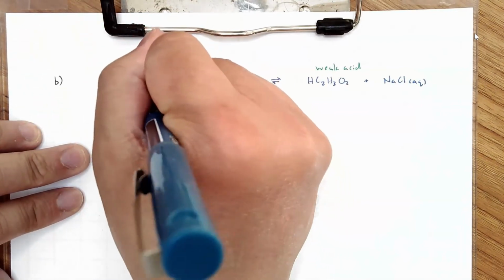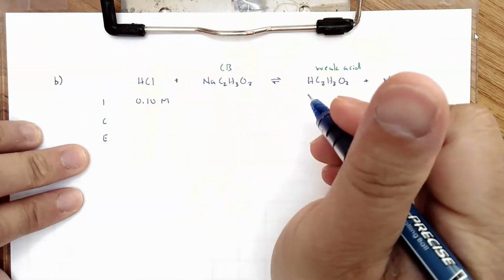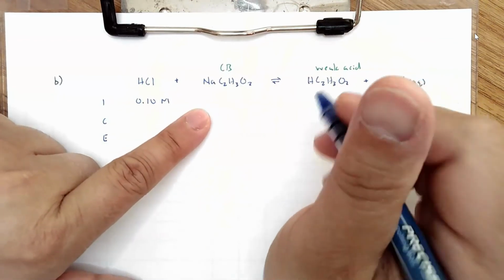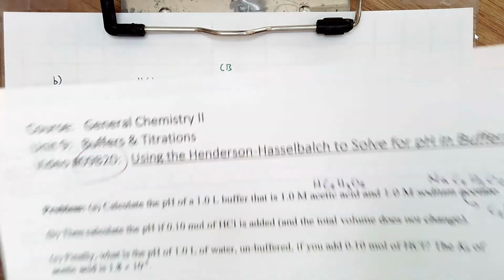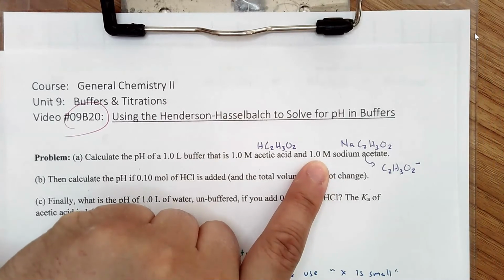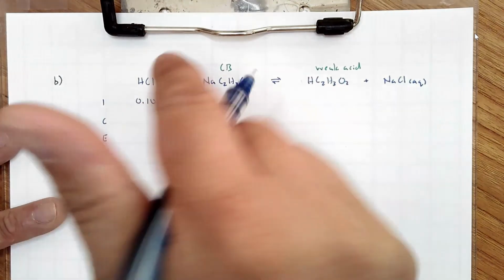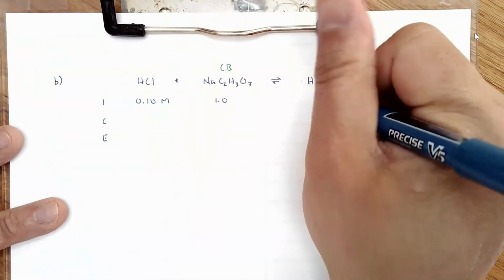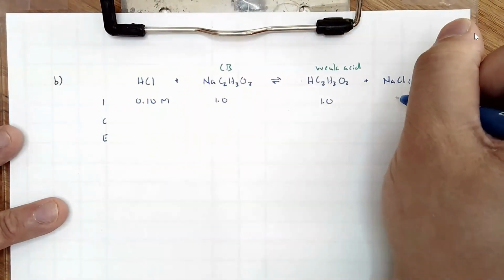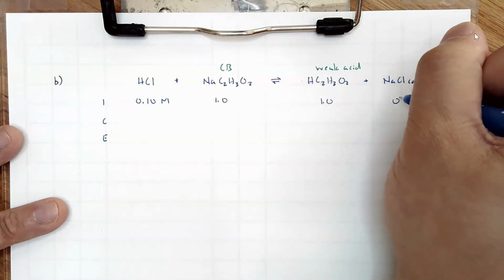Okay, so we are doing an ICE table, and for this part of the problem, this is 0.10 molar. Now the conjugate base was initially 1 molar, and same thing with the acid. So before any reaction takes place with the HCl, 1.0, yep, 1.0, and 0.